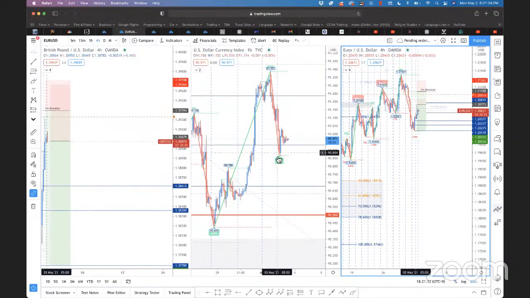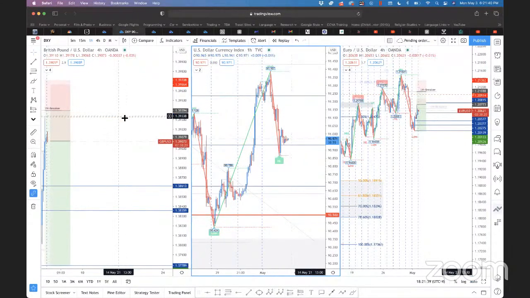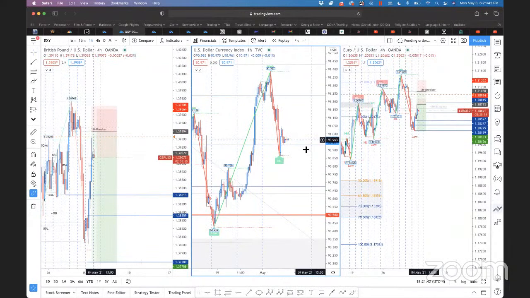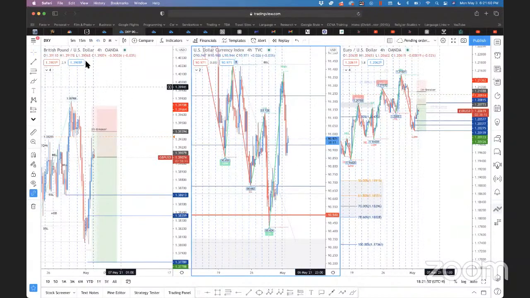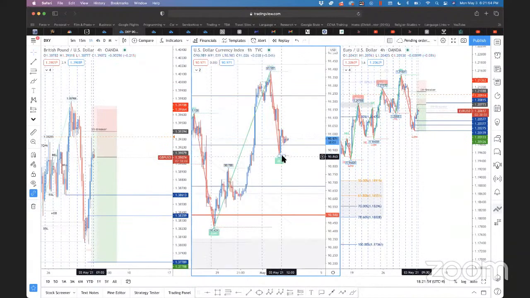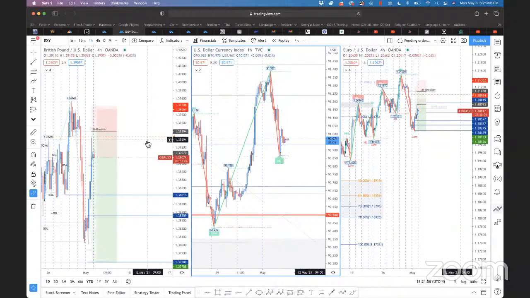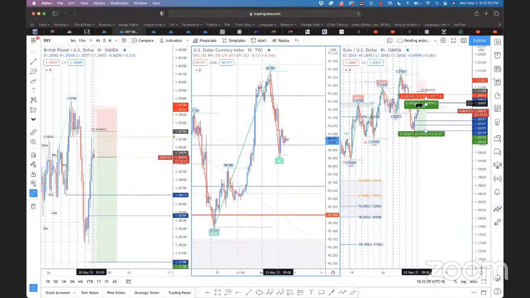So if I'm looking at dollar, my reason for selling or looking for the sell right now is on dollar, we have made a swing low on the 1 hour, right? We're making a swing high on GU and EU.